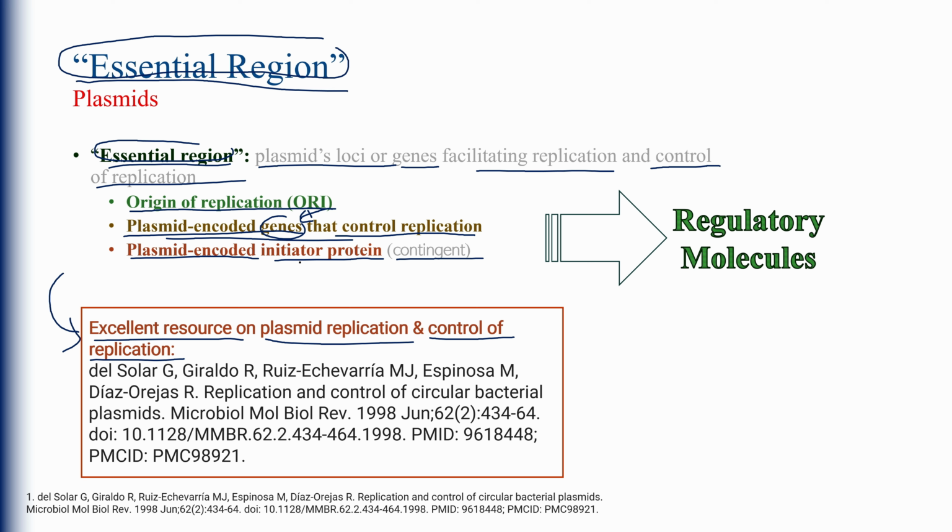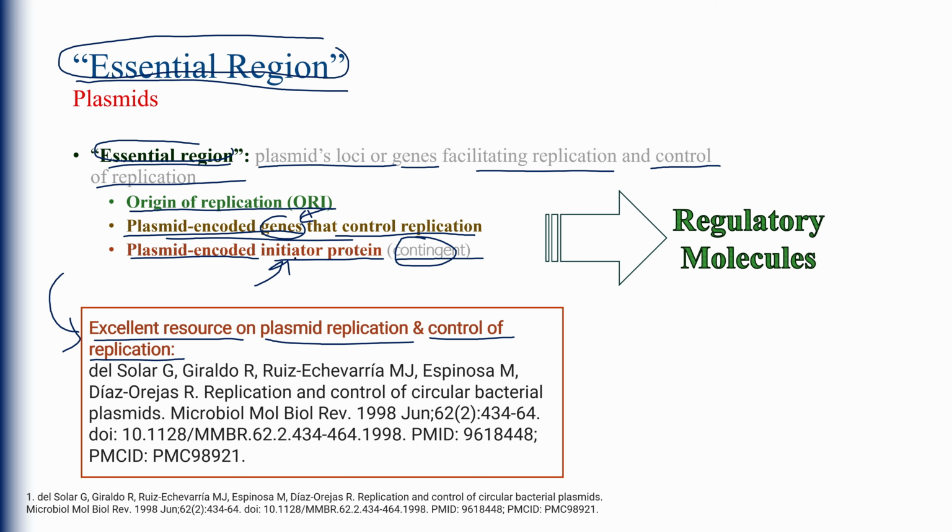Not all plasmids will have a plasmid encoded initiator protein. Now, just because a plasmid does not have a plasmid encoded initiator protein, that does not mean that that plasmid will not rely to some degree on a supplementary initiator protein provided by the host cell. But the reason this is contingent is because some plasmids encode initiator proteins and others do not. I think this is clear.